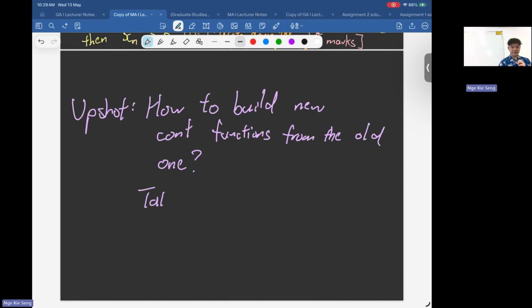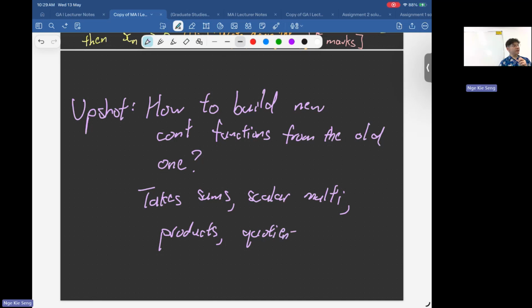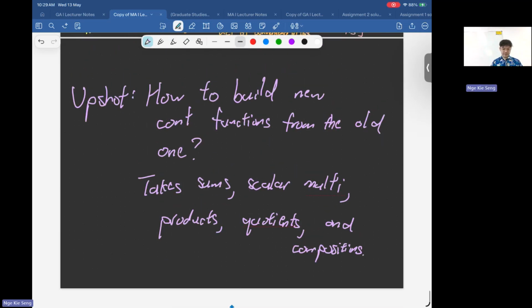We can take sum, scalar multiple, product, quotient, and also the latest one, composition. Basically, it's the limit law, right? Limit law.